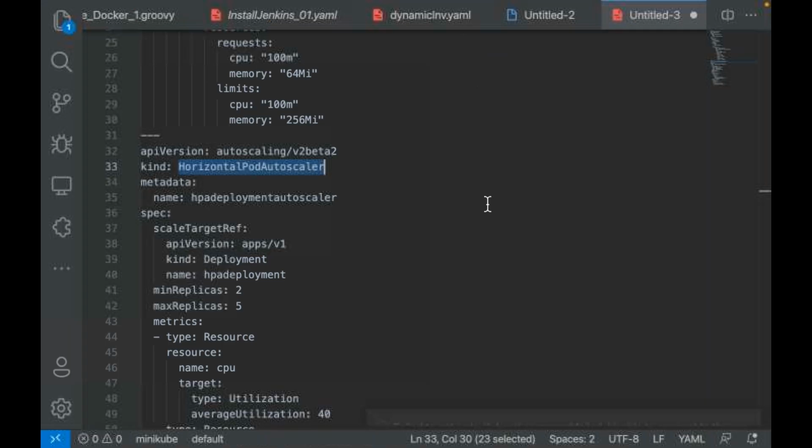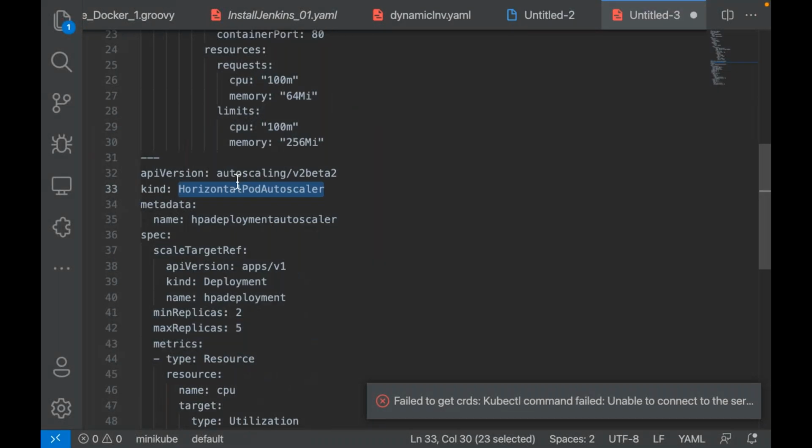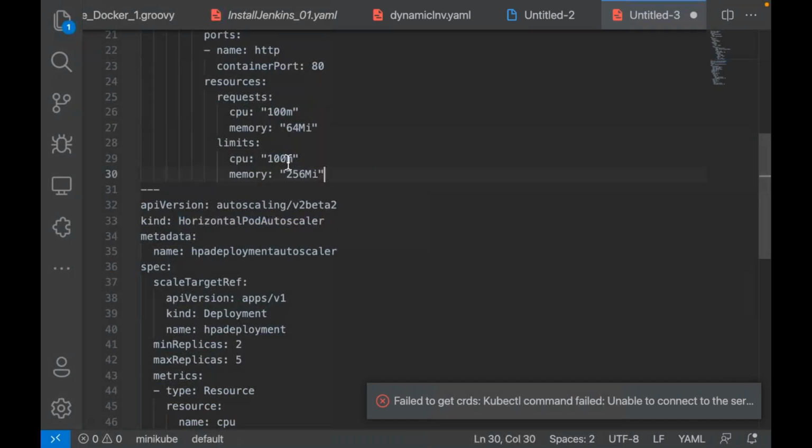So if I just create a deployment and I don't create an HPA, is anyone going to observe what the current load is, whether I need to scale or not? If I just create a deployment, and I don't create this, is anyone going to observe when to scale and how to scale?